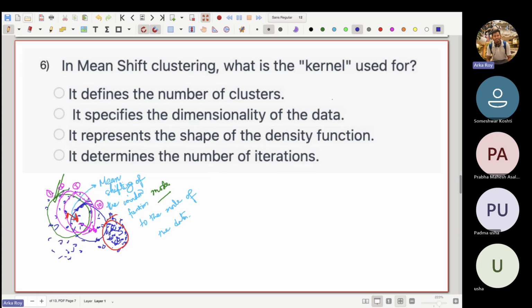To begin with, you consider a window function, and that window function is basically a probability density function, parameterized by some parameters. For example, if you consider your window function to be a normal distribution, it is parameterized by mu and sigma. You have to estimate mu and sigma by some parameter estimation technique. In this case, we might use the Parzen window technique, which we have already seen probably in week 4 or so. So that is not an issue to you.